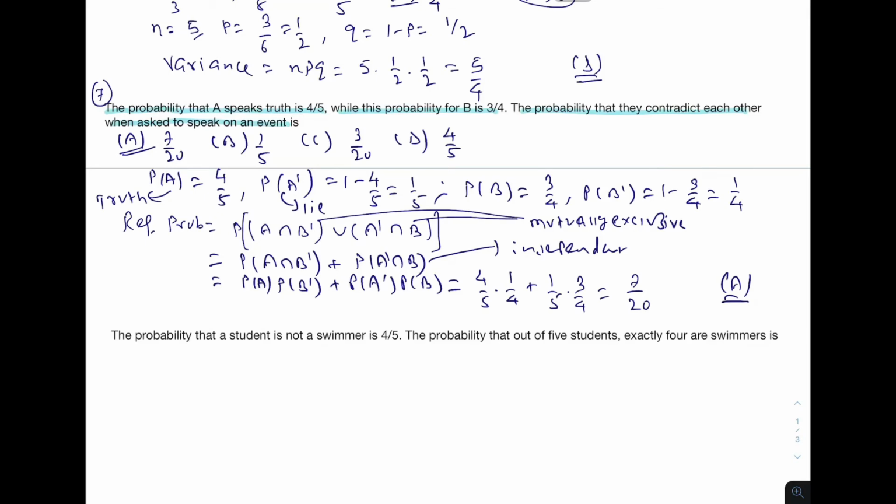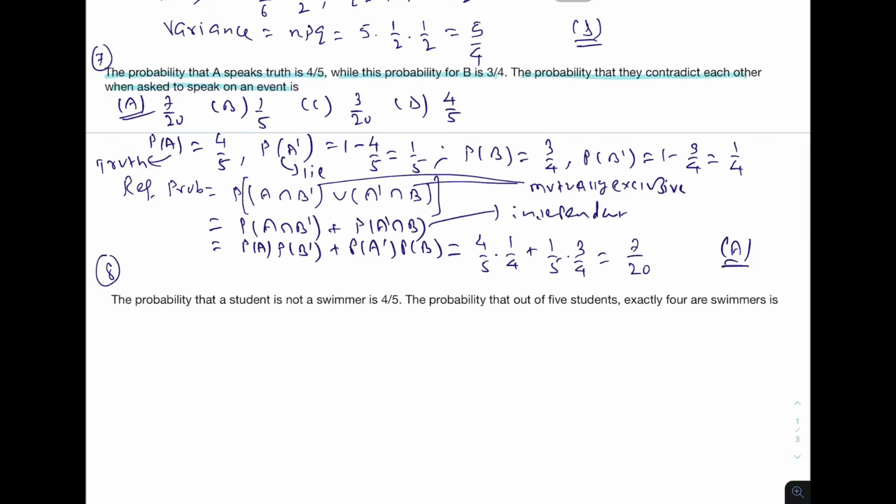Okay. Next, let us see. The probability that a student is not a swimmer is 4 by 5.